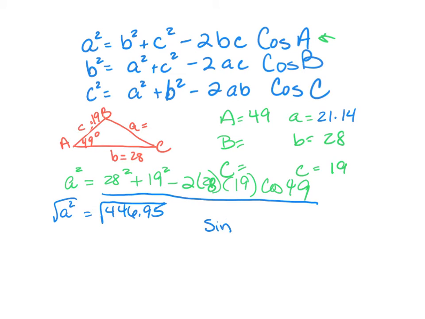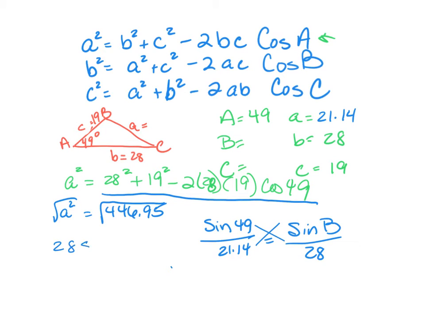So that's sine of A over little a equals sine of B, don't know big B, over 28. So then I cross multiply, and I get 28 sine of 49 equals 21.14 sine of B, and divide by 21.14.